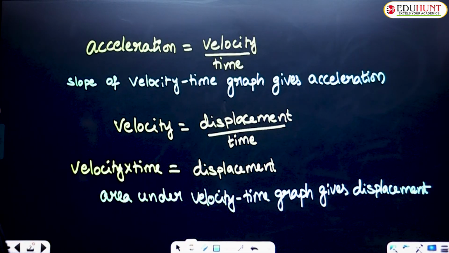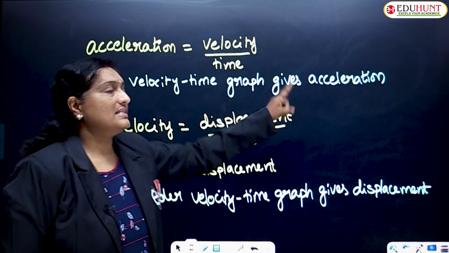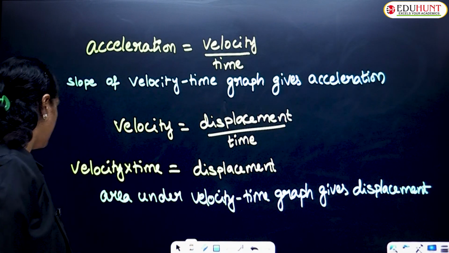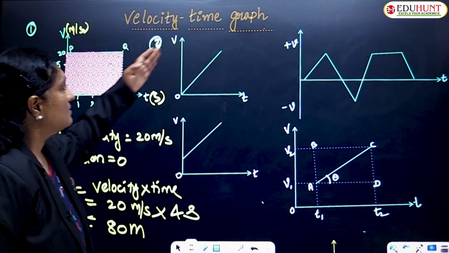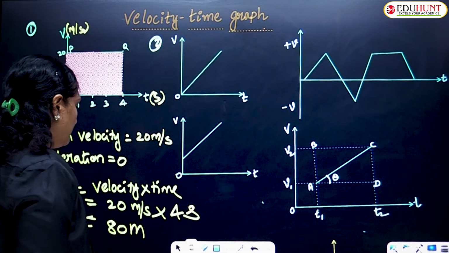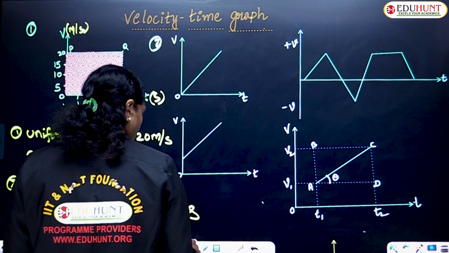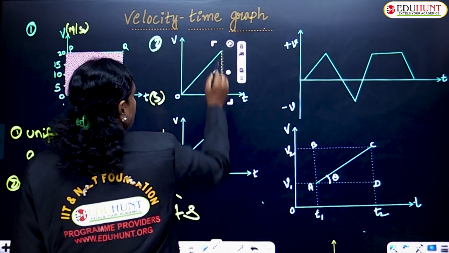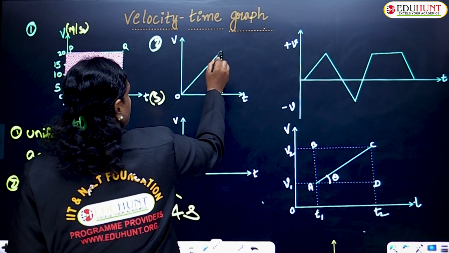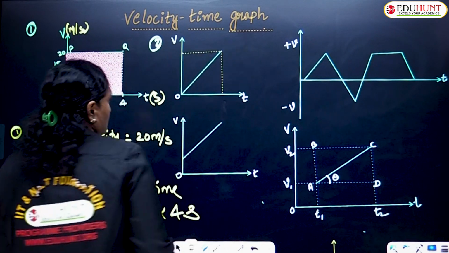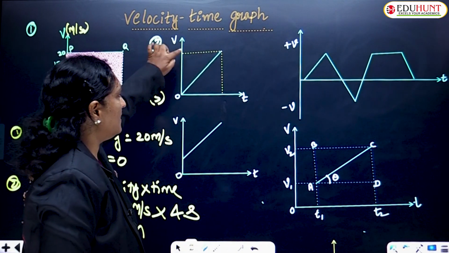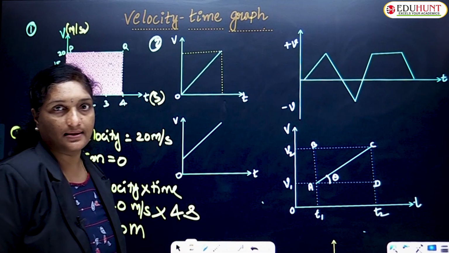Recently we have told that the slope of the velocity time graph gives acceleration. Okay, children? So the slope is nothing but velocity by time. Here you could observe some velocity, let me take it as v, and here 0 and some time as t.